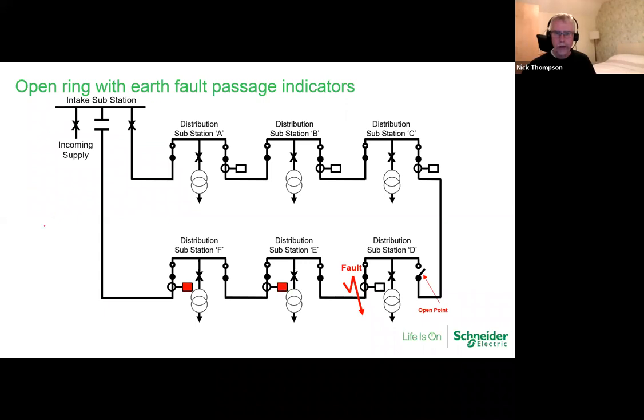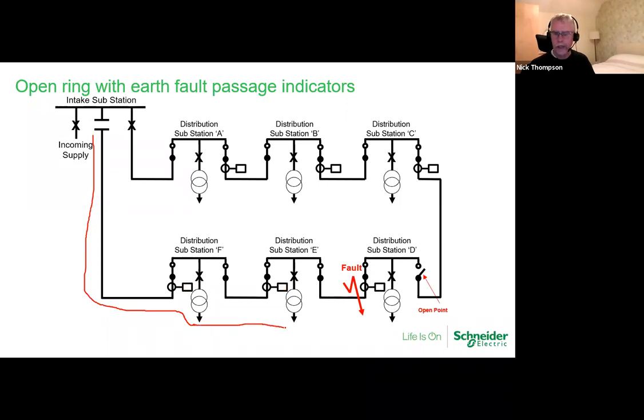So if we're on our own private site, and some of these sites are going to be quite big, we will start at the substation. We know which network it is, and then we will just drive around our network. We'll visit each substation in turn, and if we notice that one's flashing, we don't need to do anything there.